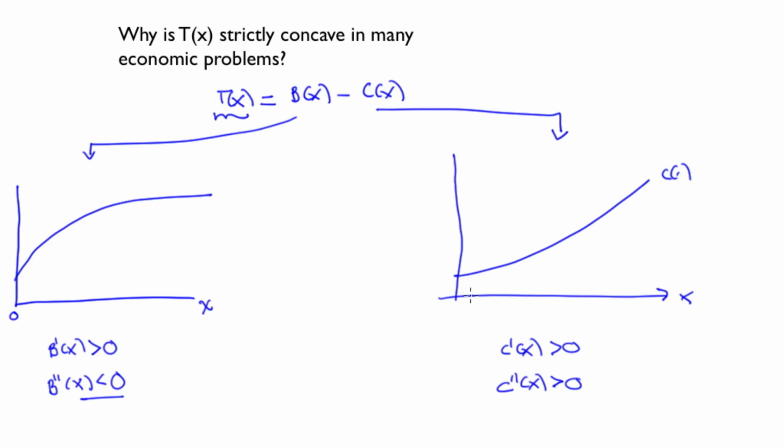The key idea here is that every additional unit that gets done increases the cost, and that every unit increases the cost at an increasing rate, so by more than the previous unit. So for example here, the first unit increased the cost by this much, but the second unit increased the cost by a little bit more, the third unit by a little bit more, etc. That comes from the properties of the second derivative.